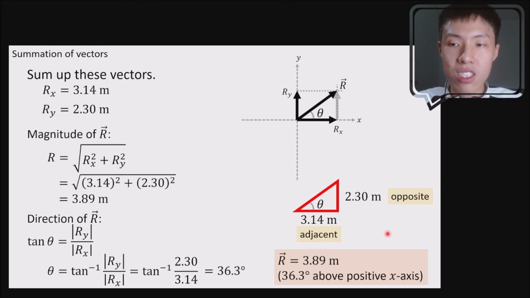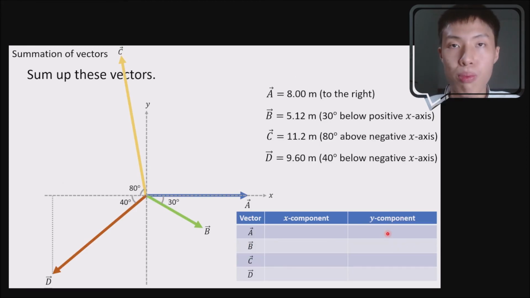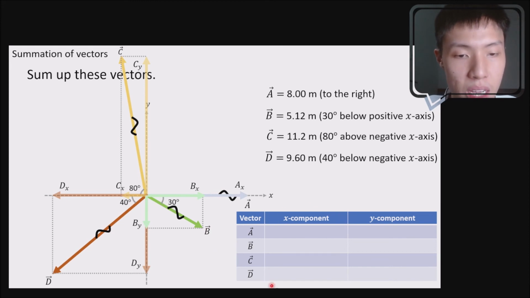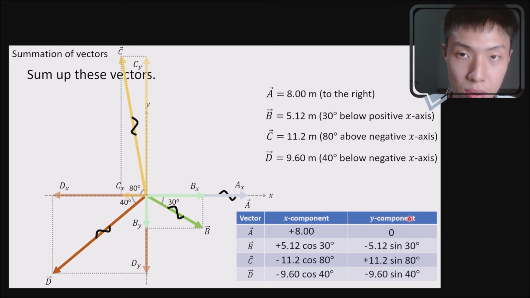So let me summarize the whole thing, what we have done throughout the last many minutes. The first step is to place all the vectors, positioning their tails at the origin. The second step will be to resolve each vector on the diagram while filling up the x components and the y components in the table.